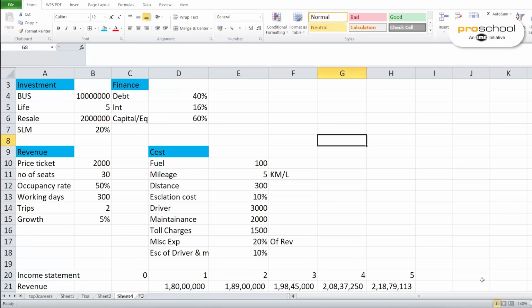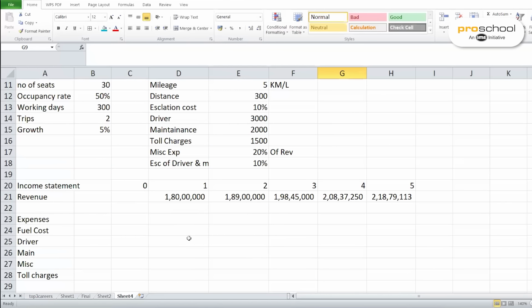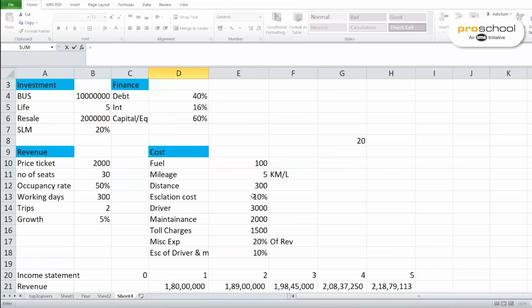What I have done is equal to my fuel divided by my mileage. It will give me the cost per liter. So I will use this simple maths formula to calculate my total cost of the fuel. See here, equal to the cost of the fuel divided by the mileage. It will give me the cost for 1 kilometer.